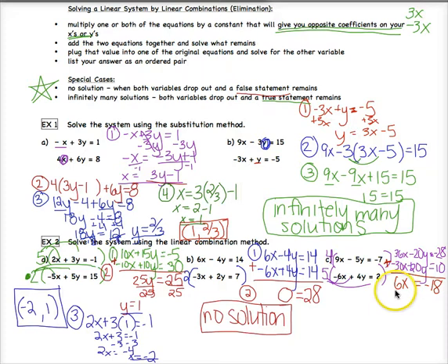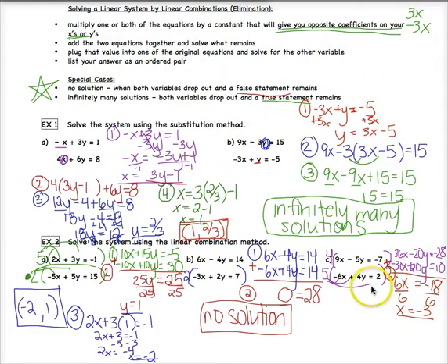So to get x alone, which is the second part of step 2, I need to divide by 6, and x is negative 3. So now, that's the end of step 2. I know what x is. Step 3, plug that value into one of the original equations.